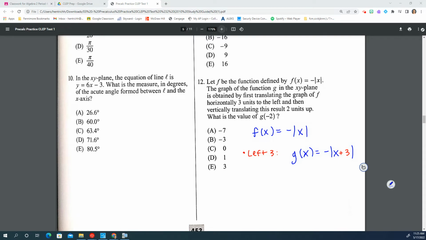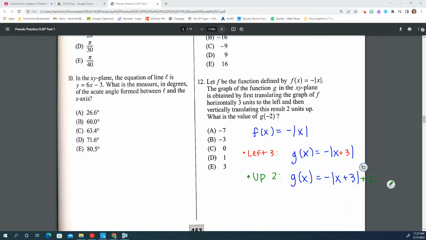We agree that would shift it left 3. Now I need to translate this 2 units up. How would I do that? I put the +2 on the outside. Now I just shifted it up 2.